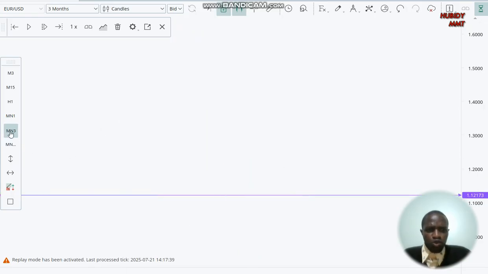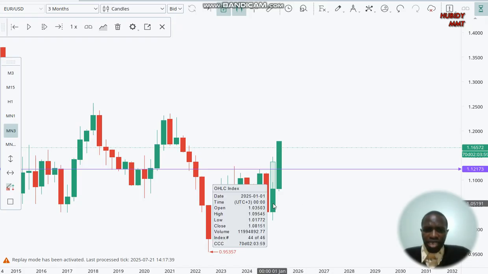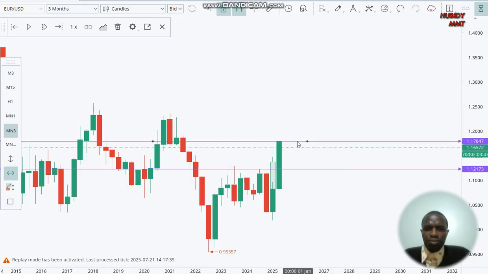Then we switch to 3 months. All we are doing in 3 months, when it's your context, is just observing price action. We are seeing that the first quarter and the second quarter actually closed above our yearly previous high.